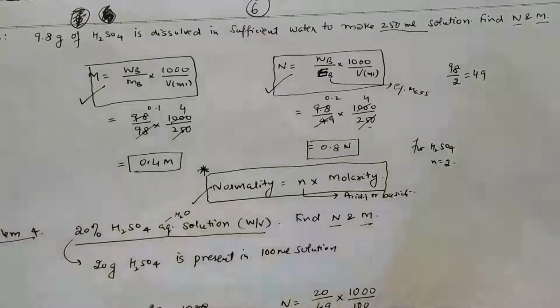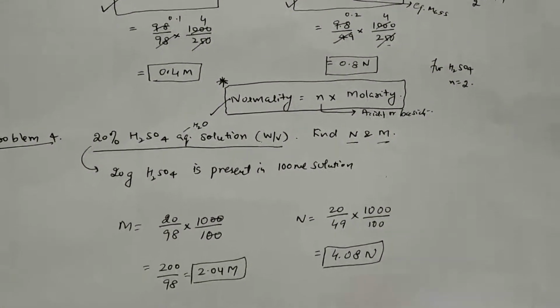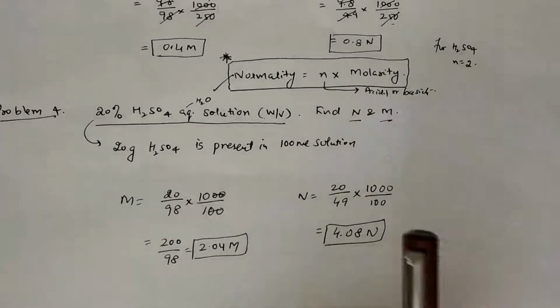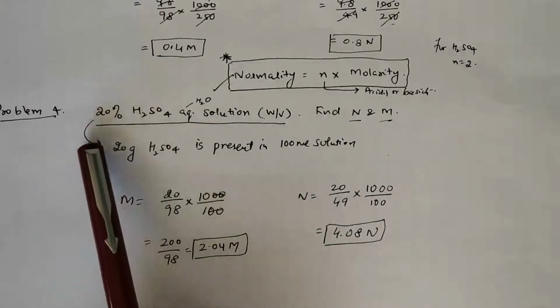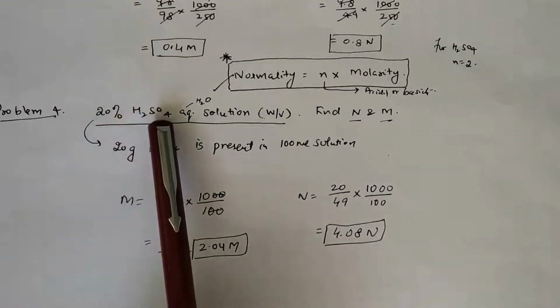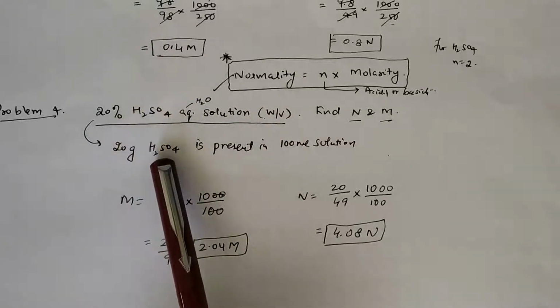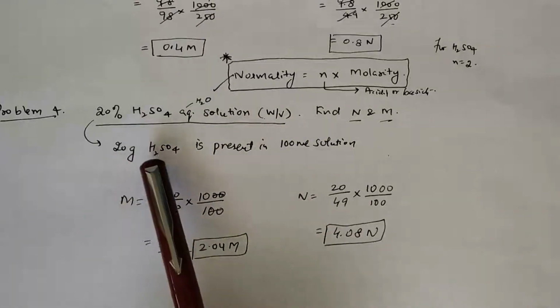Now problem 4. Again, the solution given is 20% H2SO4 aqueous solution, weight by volume. Now find normality and molarity. Very easy. First of all, write the meaning of this. 20% H2SO4 aqueous solution weight by volume means 20 gram H2SO4 is present in 100 ml solution. So we have 20 gram H2SO4.